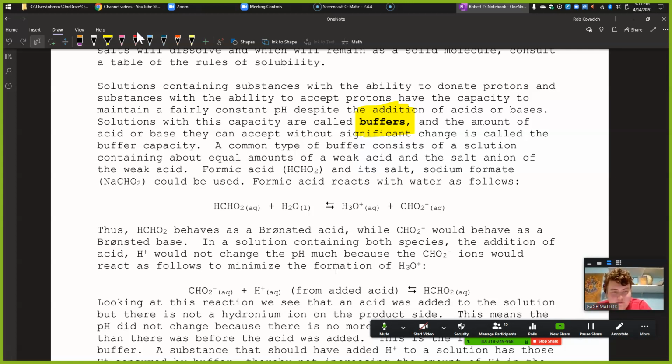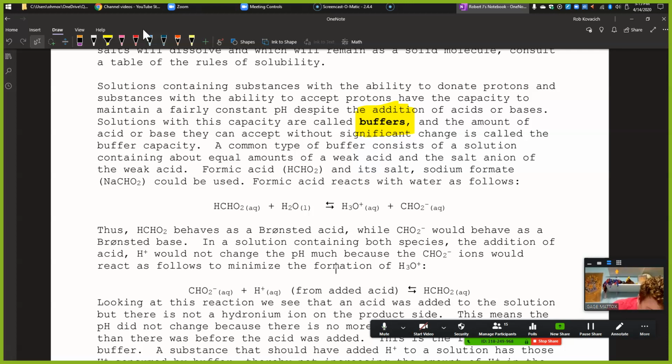So the buffer says, okay, here's the pH we're at, and I want this pH to stay the same. It's not about speed, it's about simply not letting the pH change. So in a buffered solution, when an acid or base is added to the solution, the pH doesn't really change. The thing that it's stopping from happening is it's stopping pH from changing.